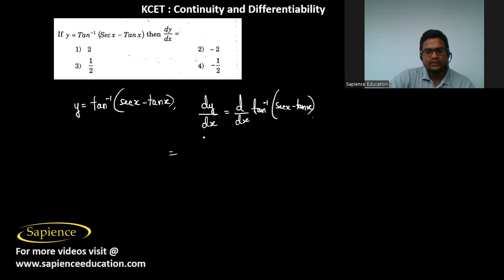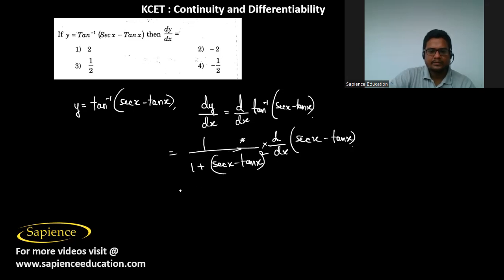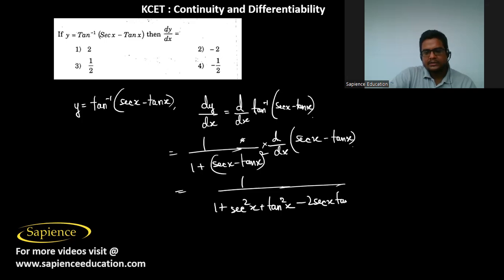So this will be equal to 1 by 1 plus sec x minus tan x whole square, into d by dx of sec x minus tan x, which will be, so this I can write 1 by 1 plus sec square x plus tan square x minus 2 sec x tan x, into sec x tan x minus sec square x.